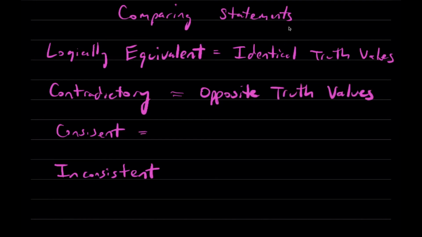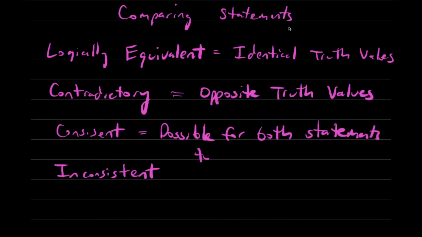If two statements are consistent, that means it's possible for both statements to be true. In fact, let me write that a little more clearly. There we go. And if two statements are inconsistent, that means it's impossible for both statements to be true.